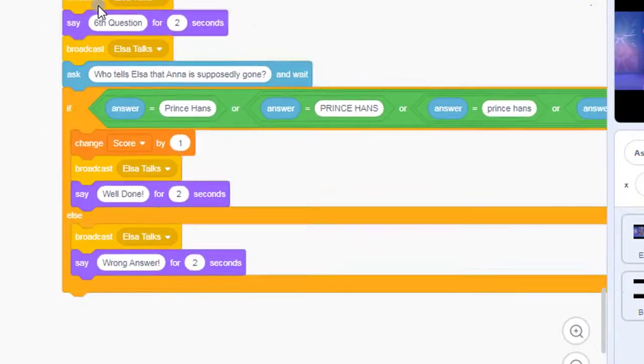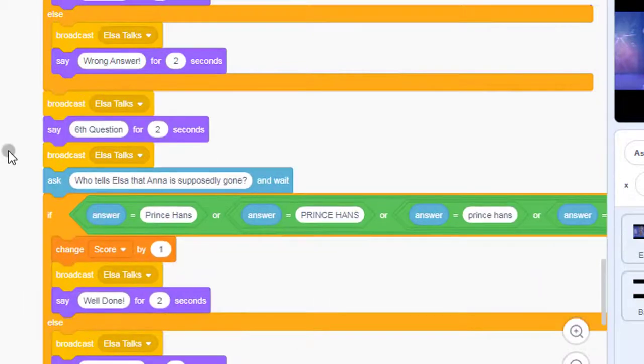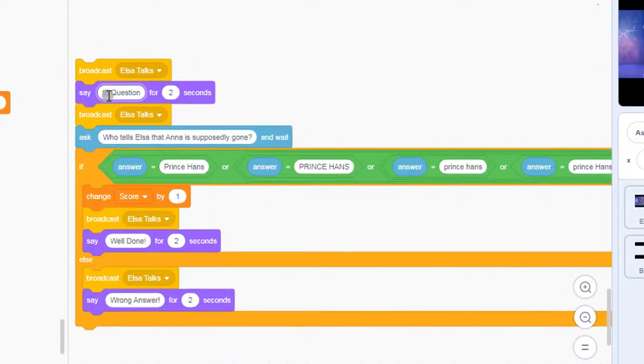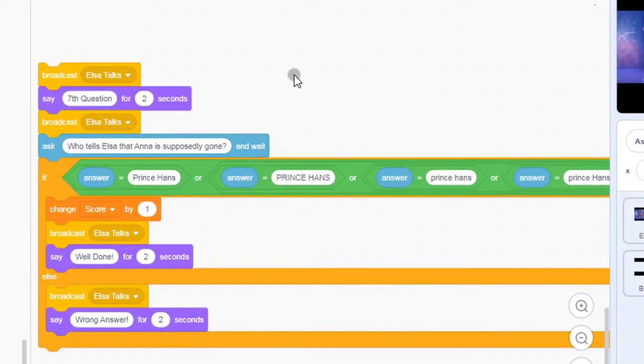So we will create about 10 questions. So this is the sixth question. We will go to the seventh question. The seventh question will be, who says the only frozen heart around here is yours?